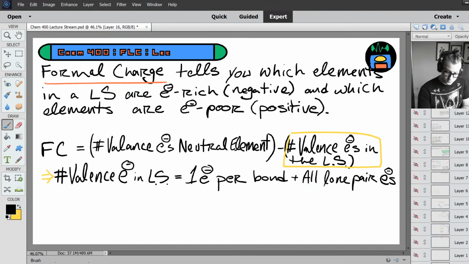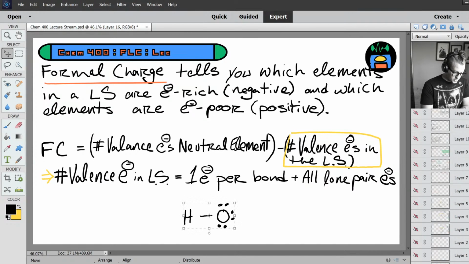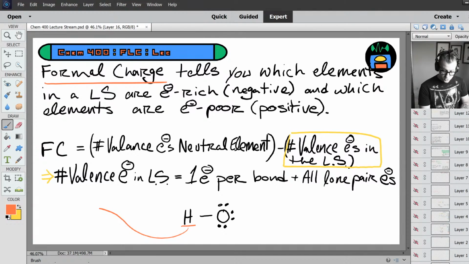So when you look at hydroxide now, let's do hydrogen first. Hydrogen, when it's neutral, has 1 valence electron. And then we go minus the number of electrons in the Lewis structure.